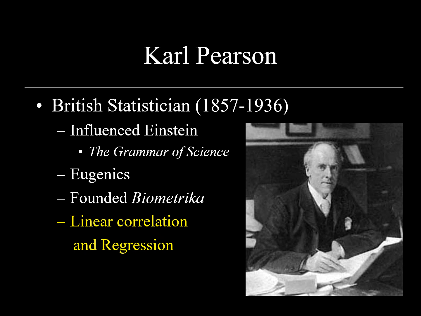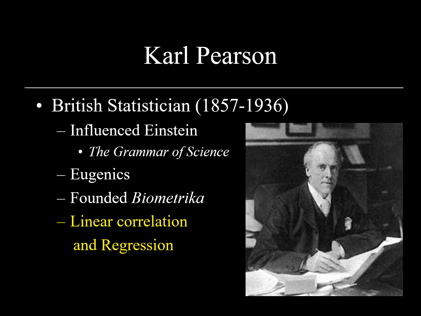So just a little bit of history. The correlation was created by Karl Pearson. He was a British statistician from 1857 to 1936. He had an influence on Einstein. He wrote the book The Grammar of Science, and that actually influenced Einstein in his research. Like many early statisticians who developed these techniques, he was a eugenicist.